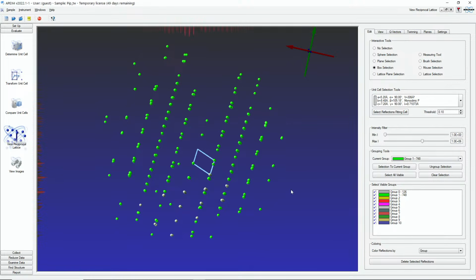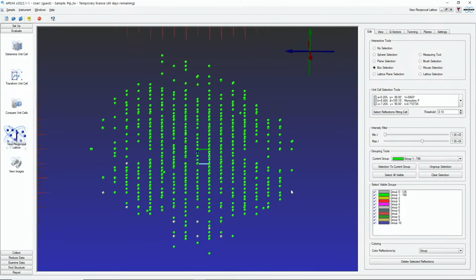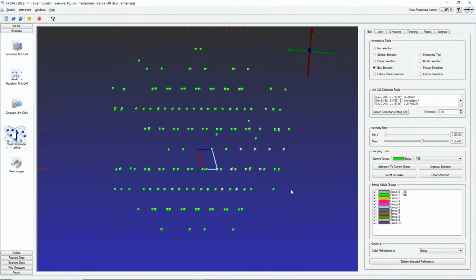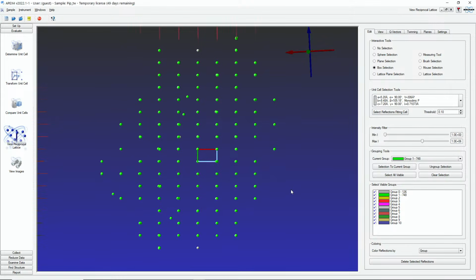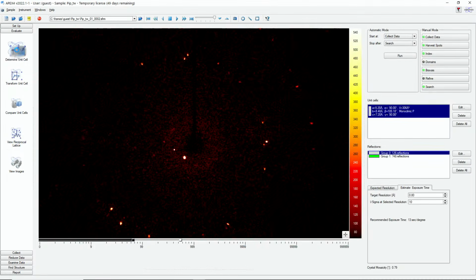When we press F1, we look along A star; F2, we look along B star; and F3, we look along C star. Okay, and I could see there how it was lining up with that one set of reflection lines, like you had said. So that was just to show how we indexed the first domain.